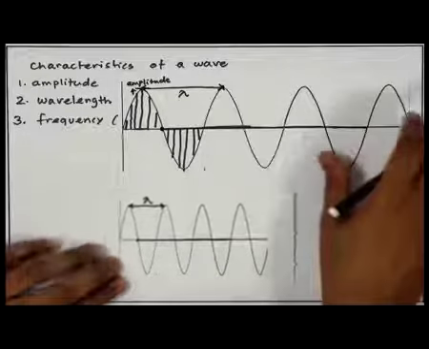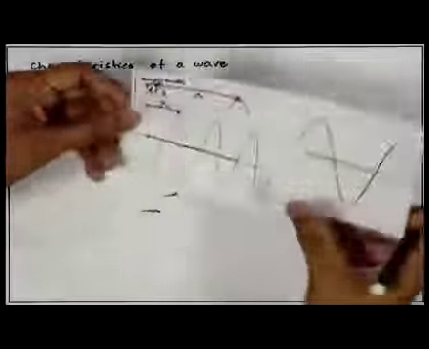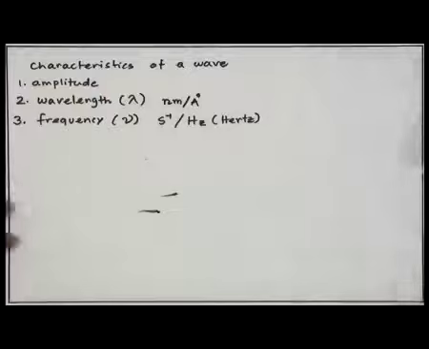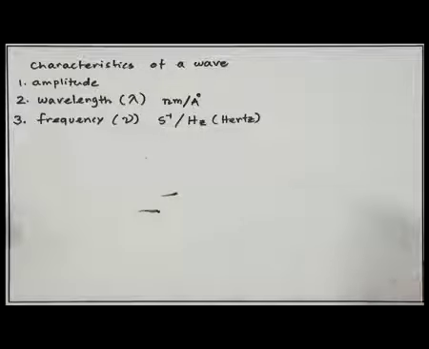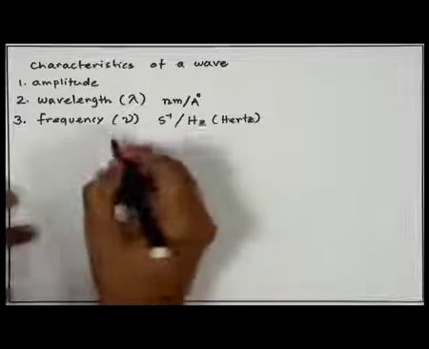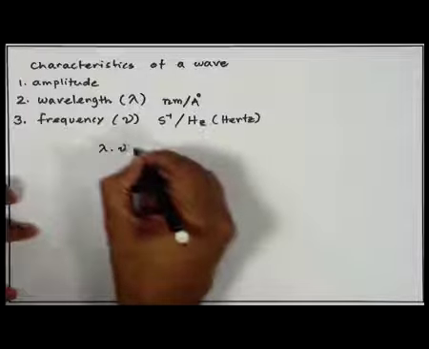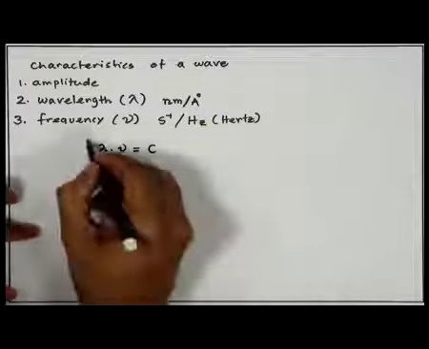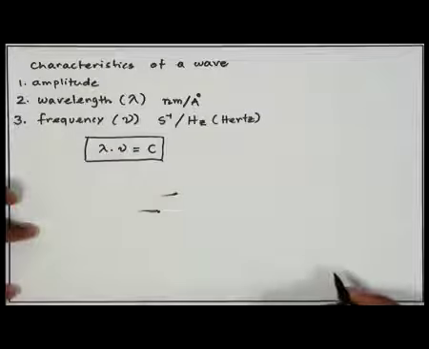So, there is an inverse relation between wavelength and frequency, and the proportionality constant is given by the speed of light, because since they are electromagnetic waves, both are going at the speed of light. So, we have the relation lambda into nu is equal to c, the speed of light, which is a constant. This is a very important relation.